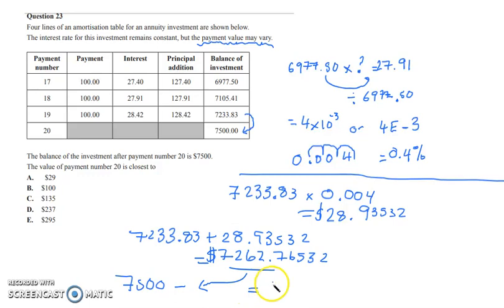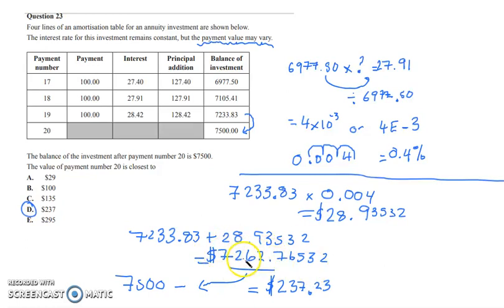What that will leave us with is an answer of $237.23, which is closest to answer D. What we did there was calculate the interest rate, and add the interest value on top of the $7,233. We've got to a value of $7,262 and effectively 77 cents.